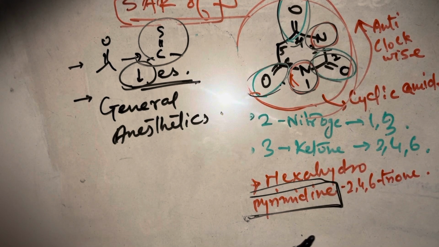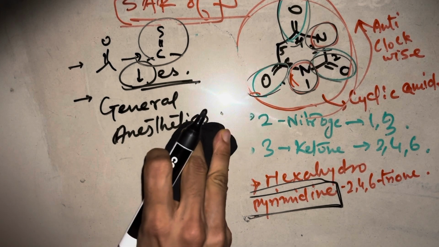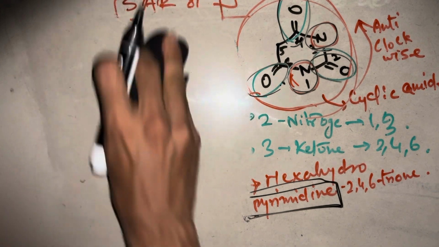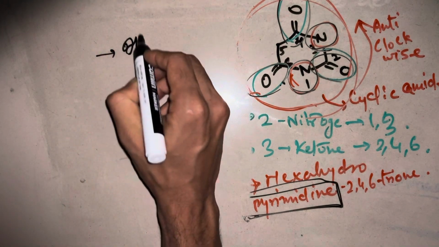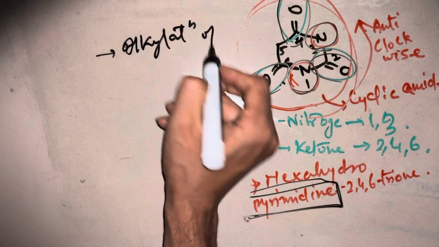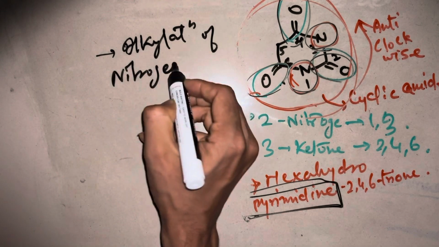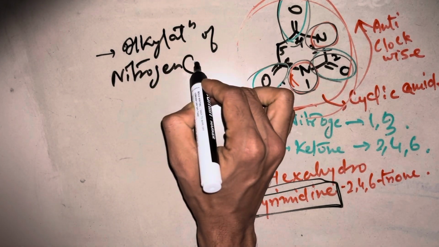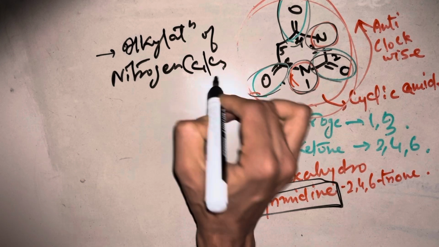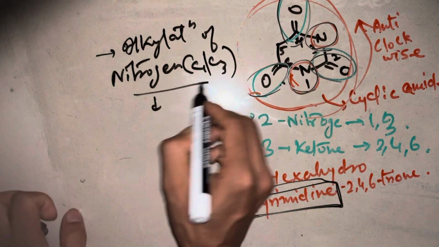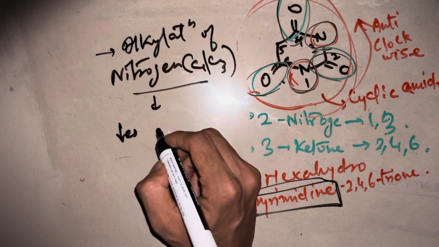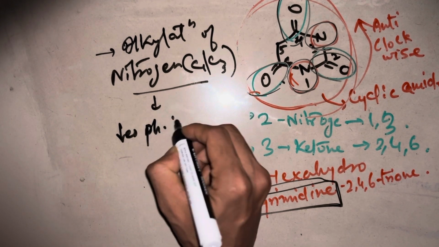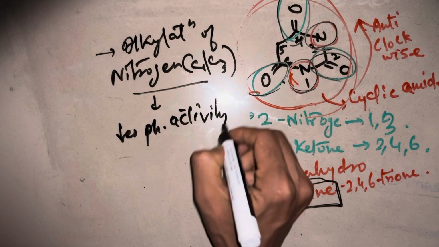Second point is modification on nitrogen at C1 and C3 position. The alkylation of the nitrogen atom at first and third position leads to a decrease in pharmacological activity. So alkylation of nitrogen at C1 or C3 will lead to decreased activity.